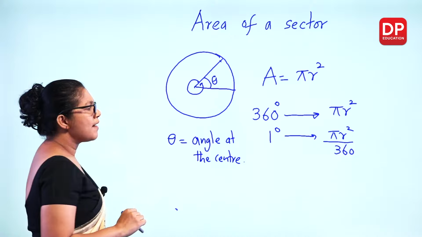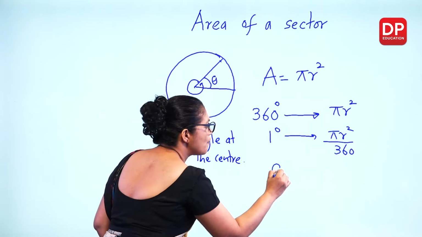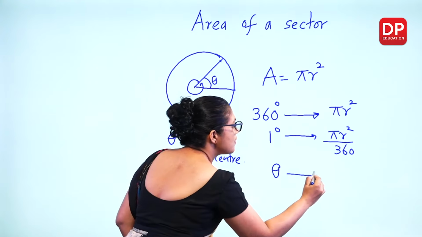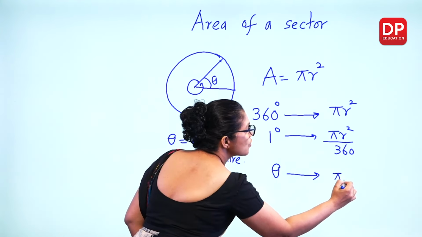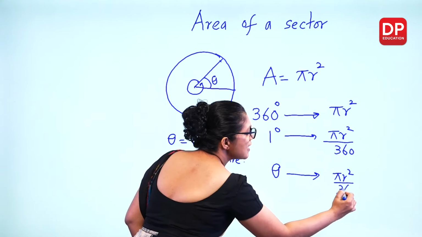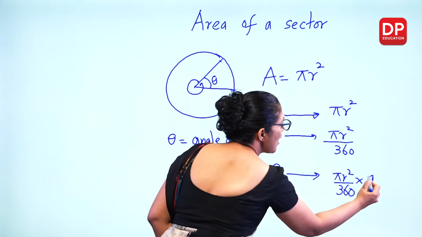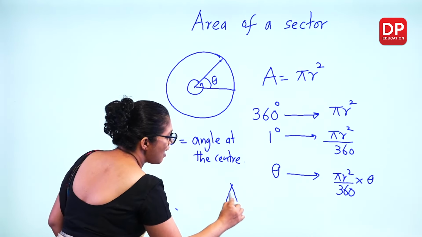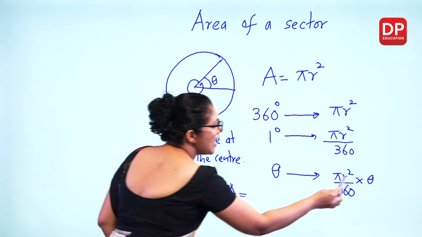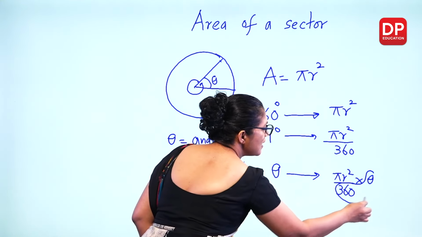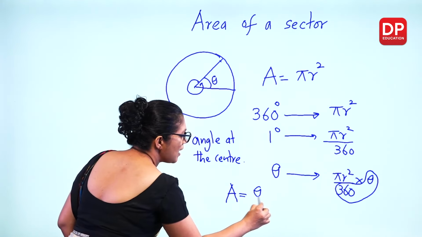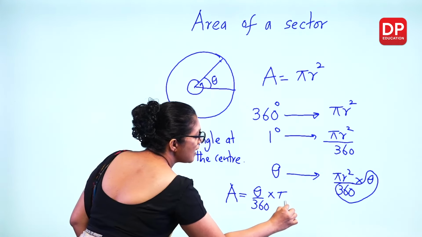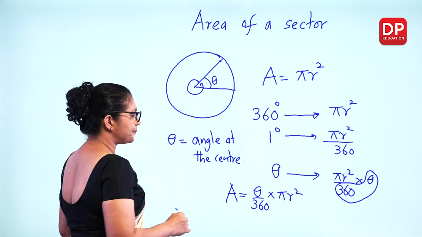So how can we find out the area of that sector? If the angle at the center is theta, that means pi r squared over 360 into theta. So I want to rearrange this and write down the area of this sector as angle divided by 360 into pi r squared.